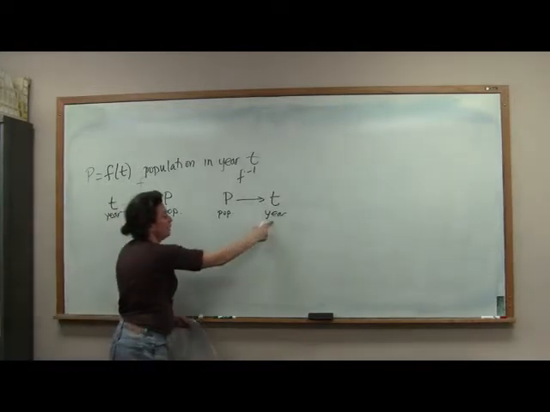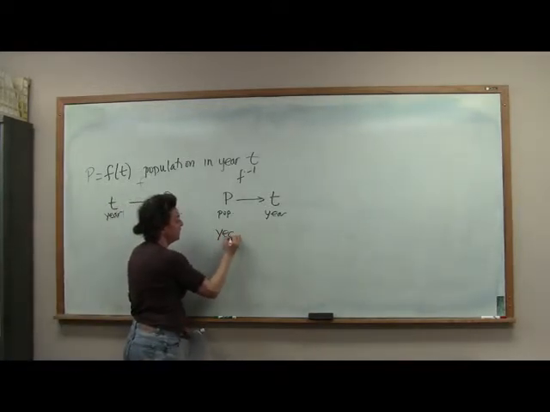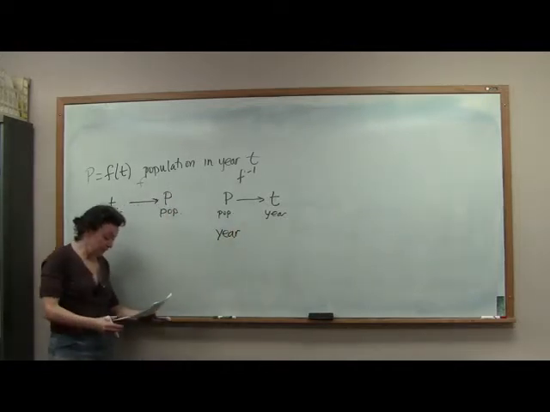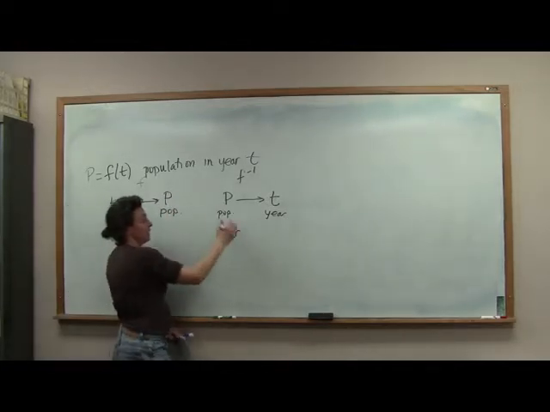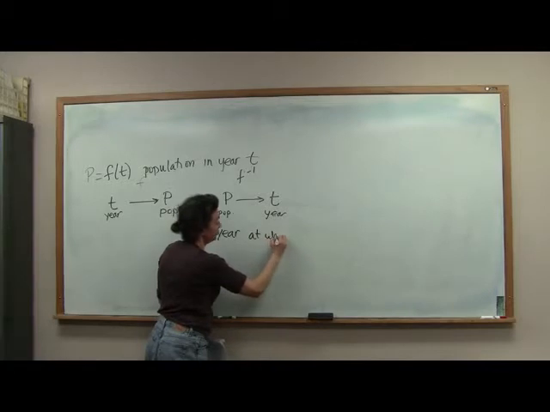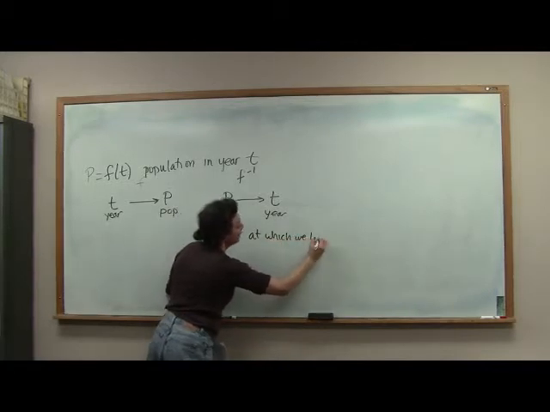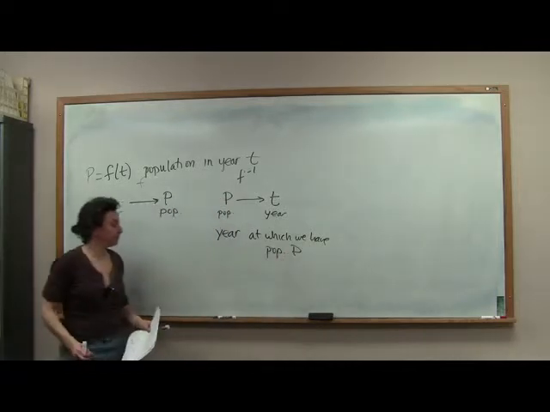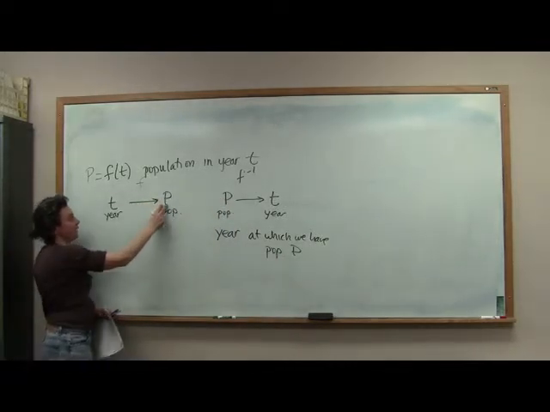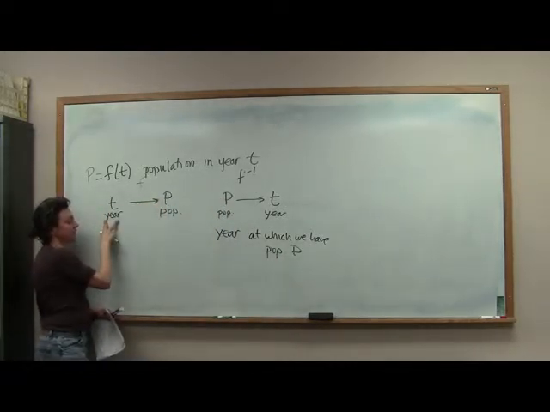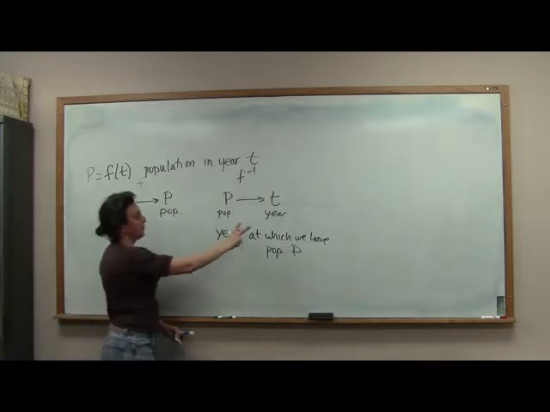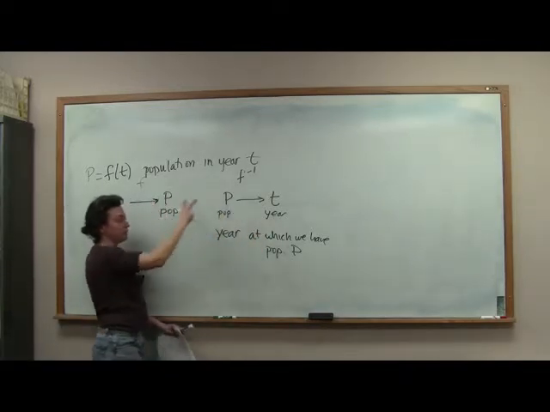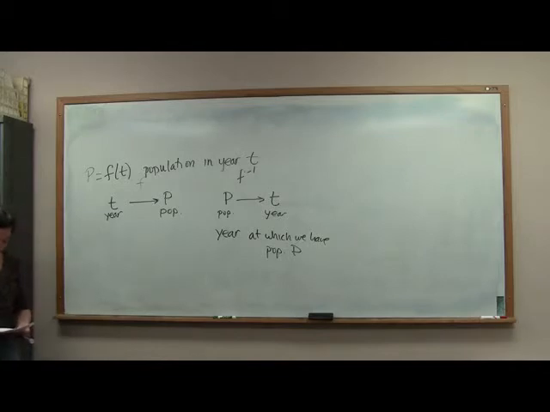So our output is the year, well, the year at which we have a population P. Just like this is the population in the year t, this is the year at which we have population P. I know that it's funky.